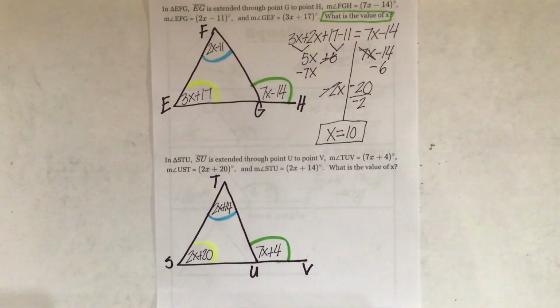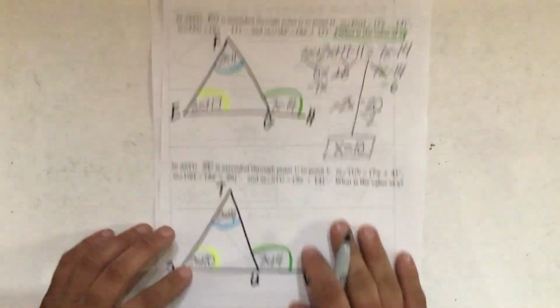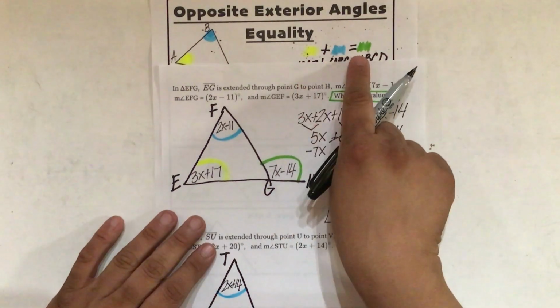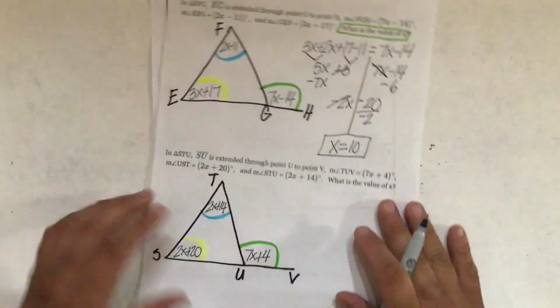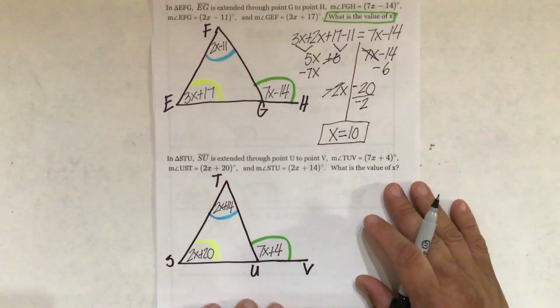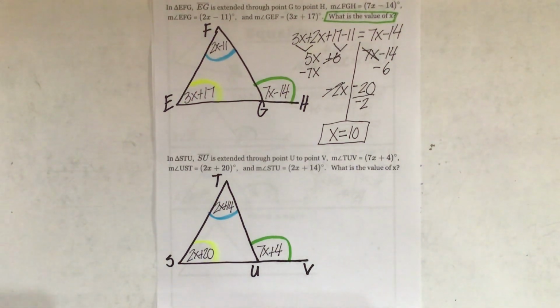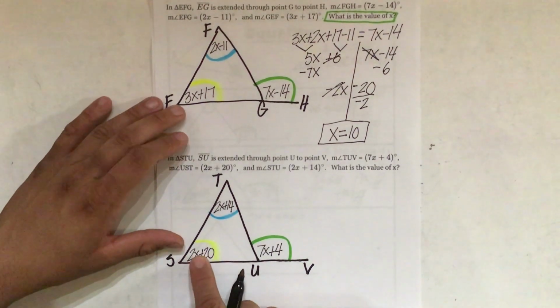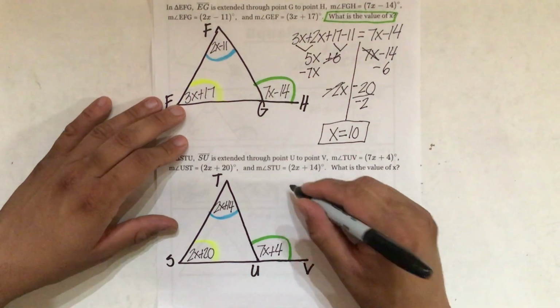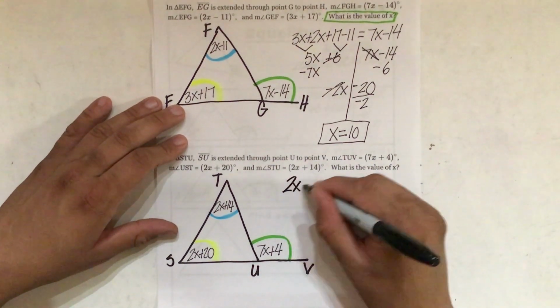Now remember, yellow plus blue is equal to green, right? Yellow plus blue is equal to green, let's not forget. So let's take care of our yellow and blue first, right? So let's do our x's for yellow and blue first. So my x on yellow, excuse me, is 2x.